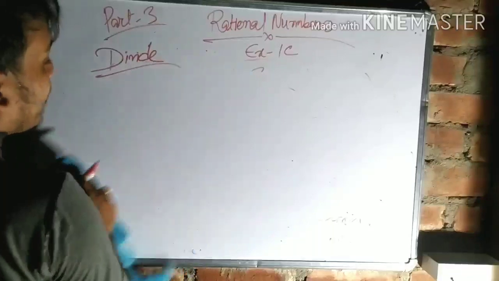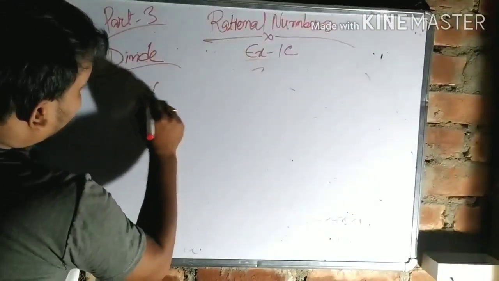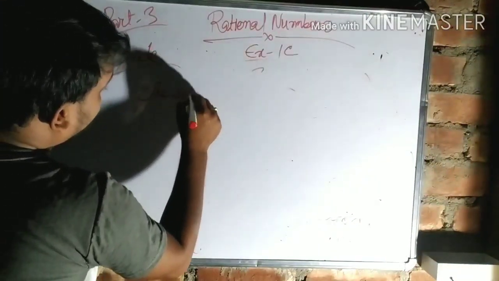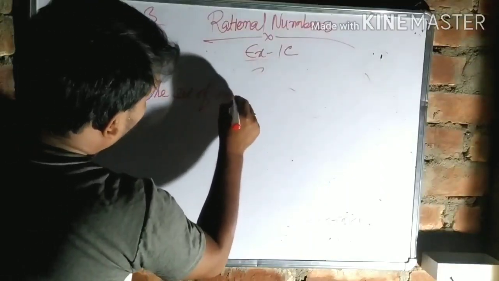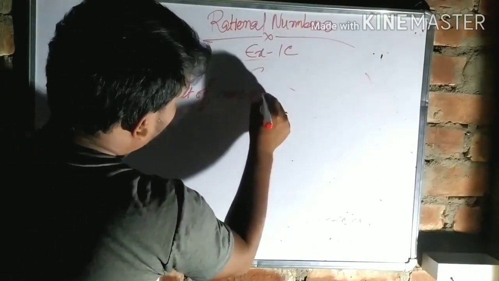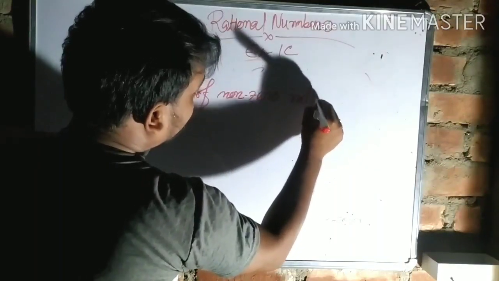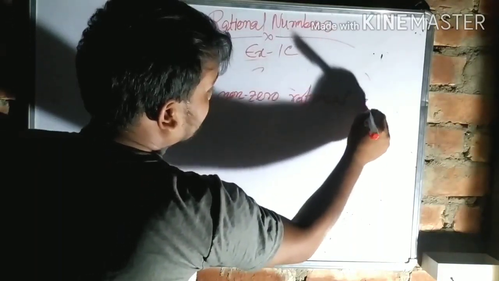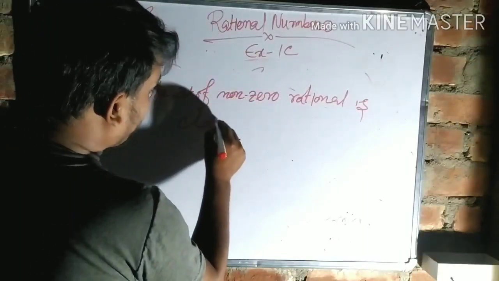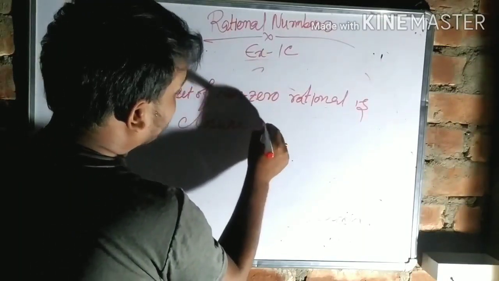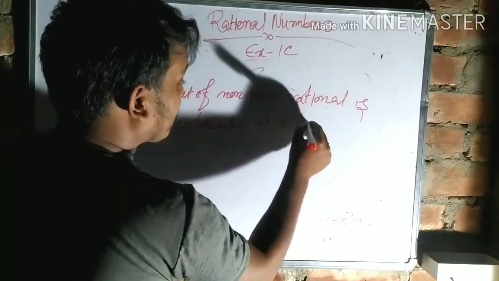So we can say that the set of non-zero rational numbers is closed with respect to division.